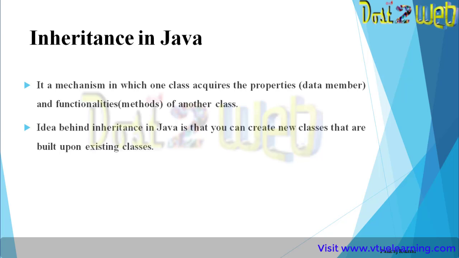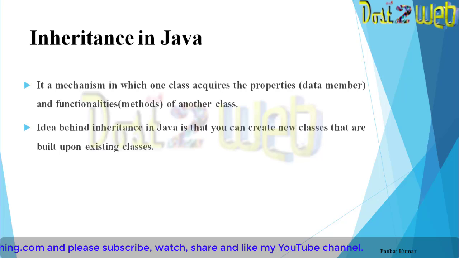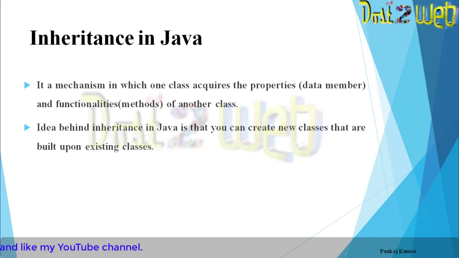So whatever the existing class is, because we are taking the properties from another class, the new class will be built upon the existing one. Even if there are several classes already defined, you can use their features, that is, the properties and methods, in your another class.